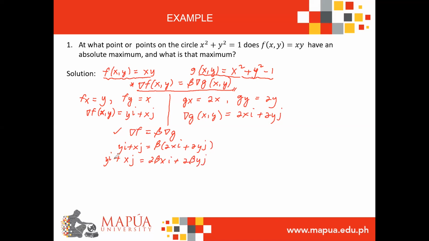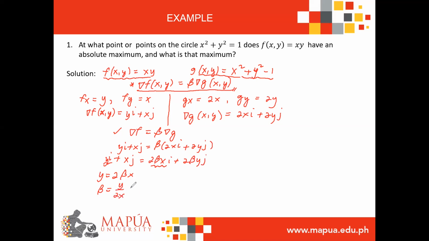So collecting similar terms, we take the i component here and the i component here. We now have y equals 2 beta x, and expressing beta in terms of xy, we have y over 2x.